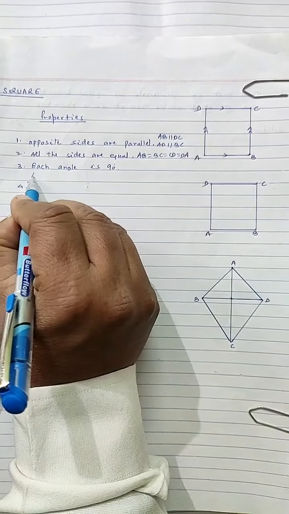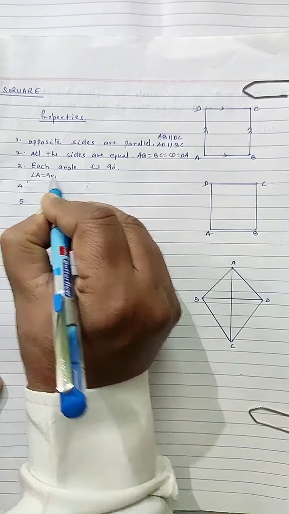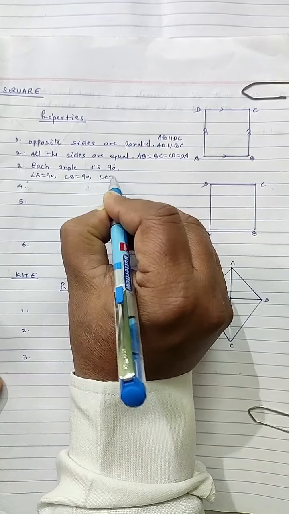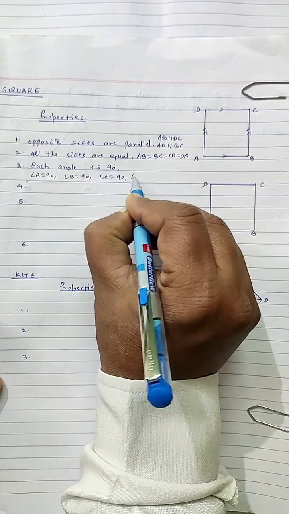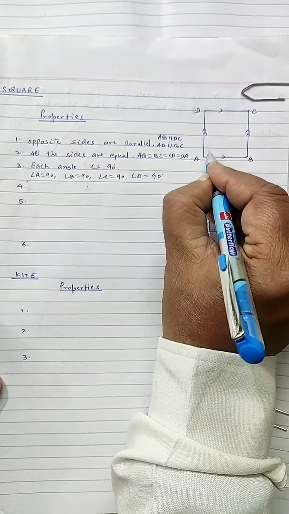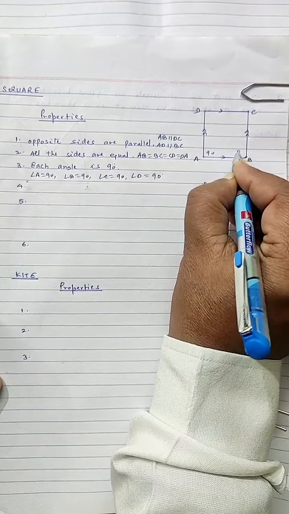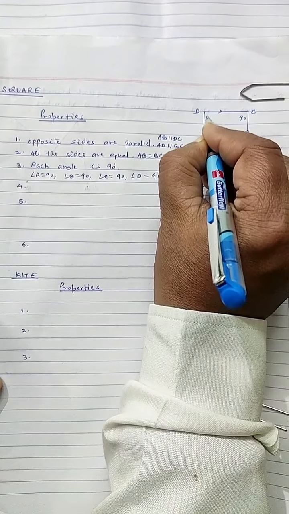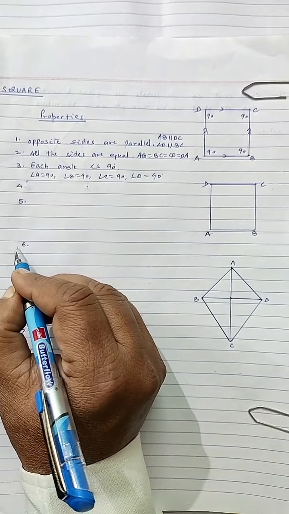Angle A equals 90, angle B equals 90, angle C equals 90 and angle D equals 90.